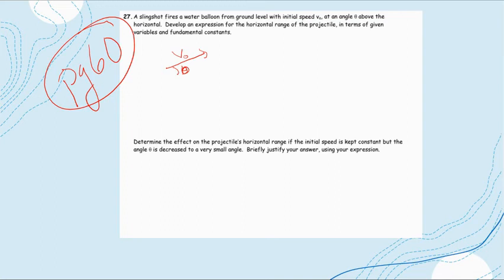So we're basically trying to find the range, and the range is our change in x. Well, we know that change in x is V initial x times time, so that's going to be V initial cosine theta times time.